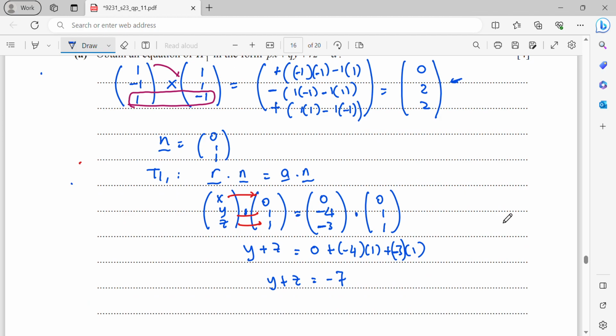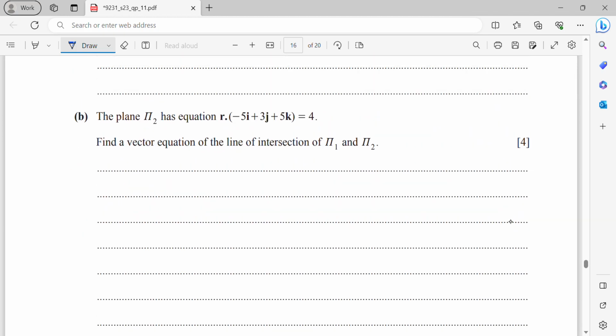Okay. Now part B, the plane pi 2 has this equation. Find the vector equation of the line of intersection of pi 1 and pi 2. Let's say, for example, this is pi 1 and this is pi 2. They will be intersecting at this line. This line will have direction vector b.